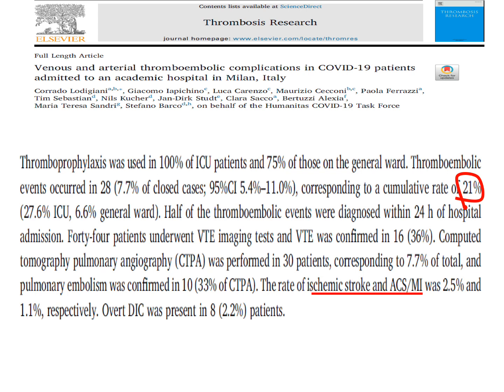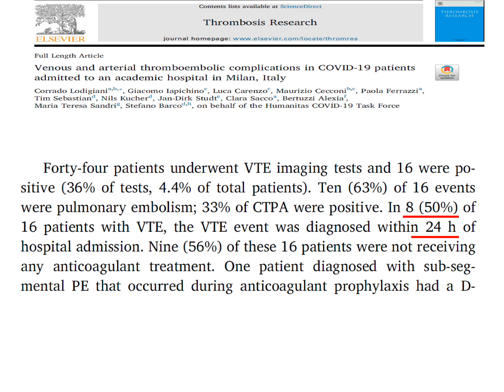The incidence of overt DIC was reported in just 2% of patients, which gives the impression that it is very common to have patients with venous thromboembolism, less frequently arterial, and overt DIC is also not very common. But the alarming thing, as the authors concluded, is that 50% of those patients presented and had been diagnosed with VTE on hospital admission, within 24 hours of admission.